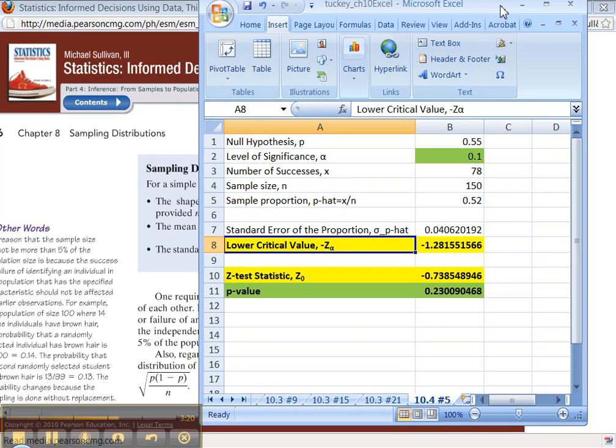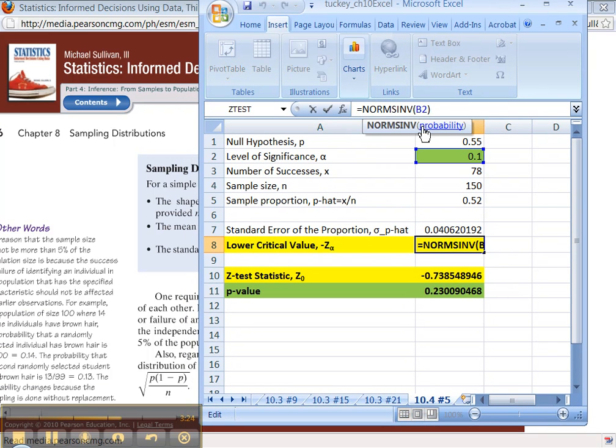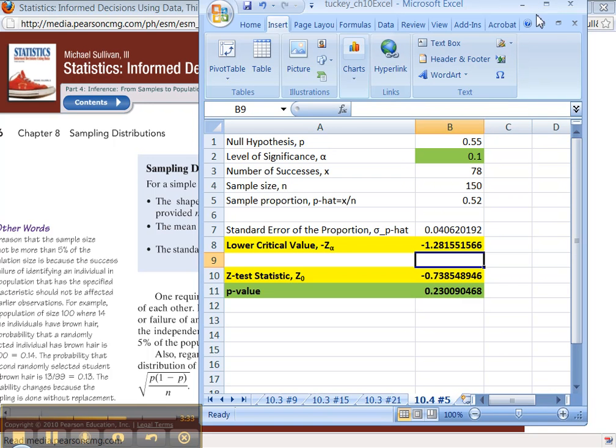All right, next, the lower critical value. The critical value is norm.s.inv of this alpha, right? So that's all set, done, right? No troubles there. The test statistic.